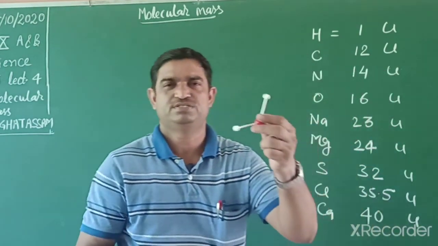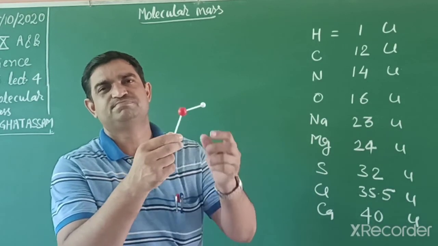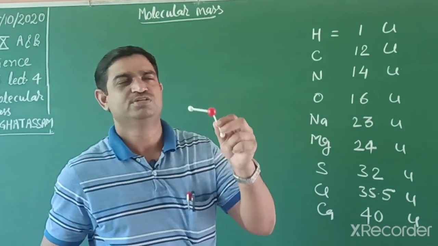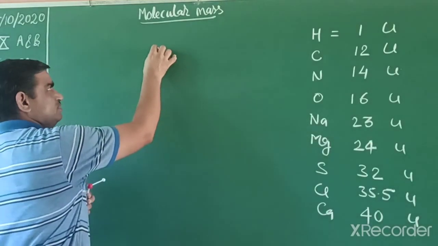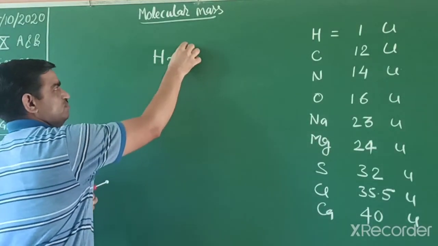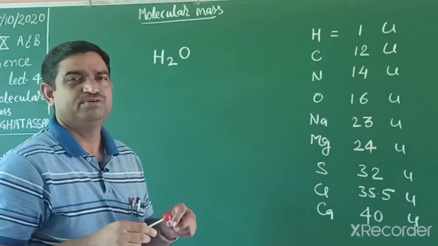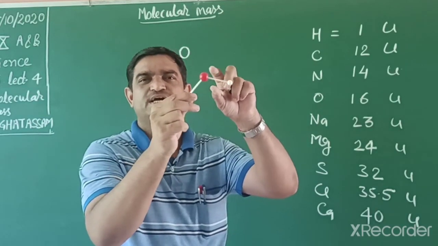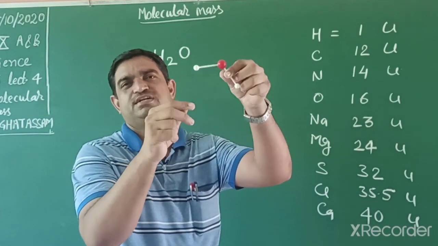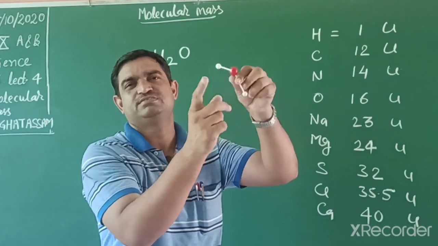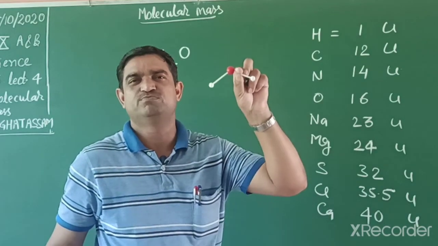We know, students, this is an example of water. Water, we know the formula, H2O. In this molecule, one oxygen atom is represented in red color, and the hydrogen atoms like this. This is a ball and stick model.